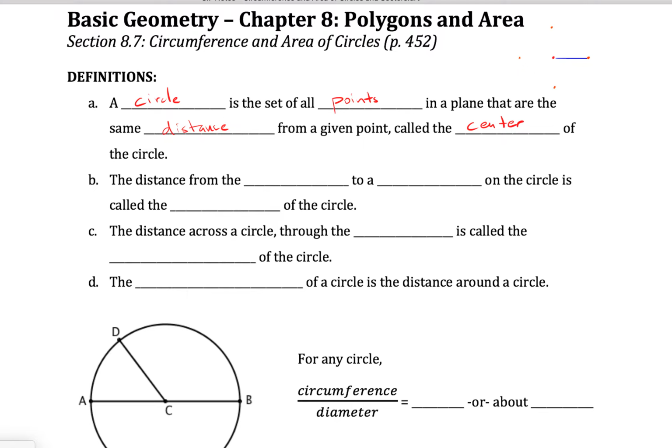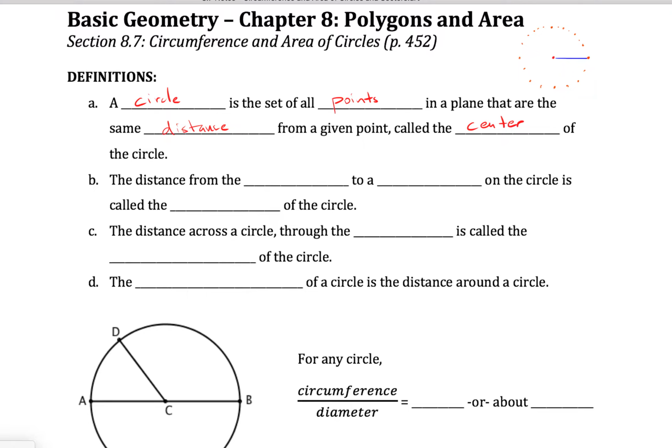And then if I started going in every conceivable direction from my original point, and I started measuring out that same distance in every possible direction, you can see that's going to start looking like a circle.